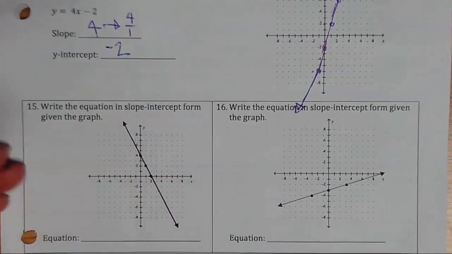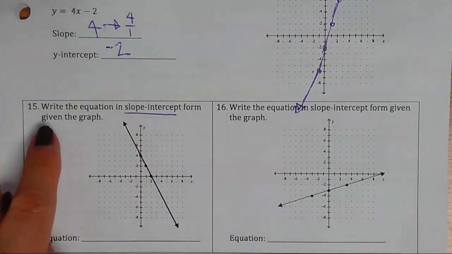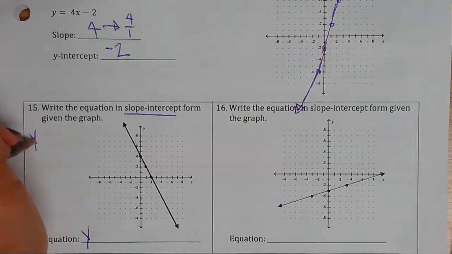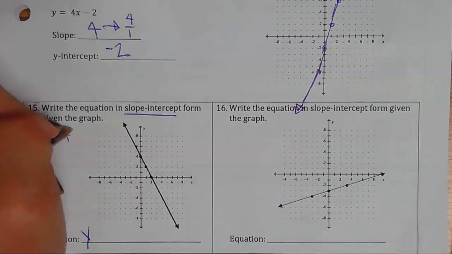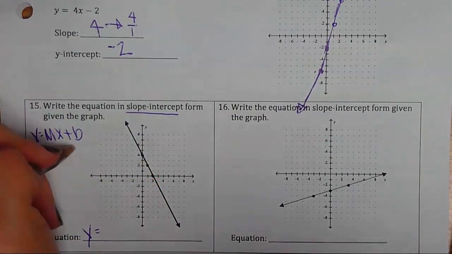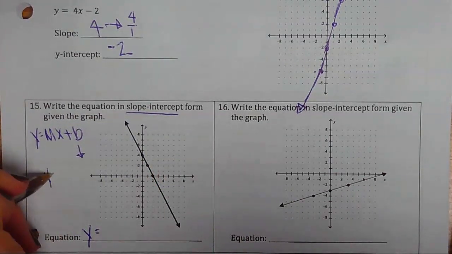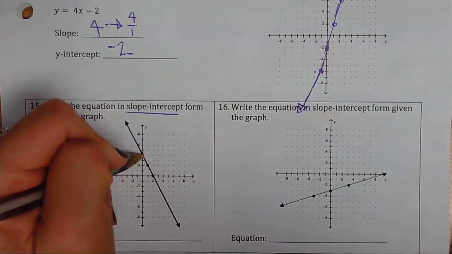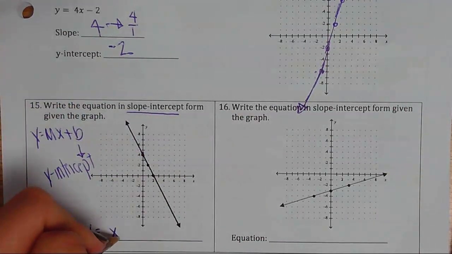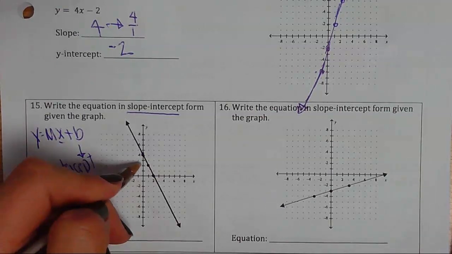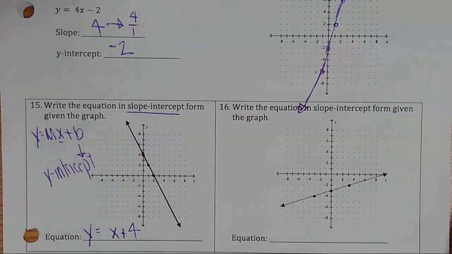Okay, write the equation in slope-intercept form given the graph. Okay, so I'm going to write y equals mx plus b. And I'm going to look for my b, which is my y-intercept, first, which is right here at 4. So I've got my x, right? And then I've got my plus, because it's positive, 4.